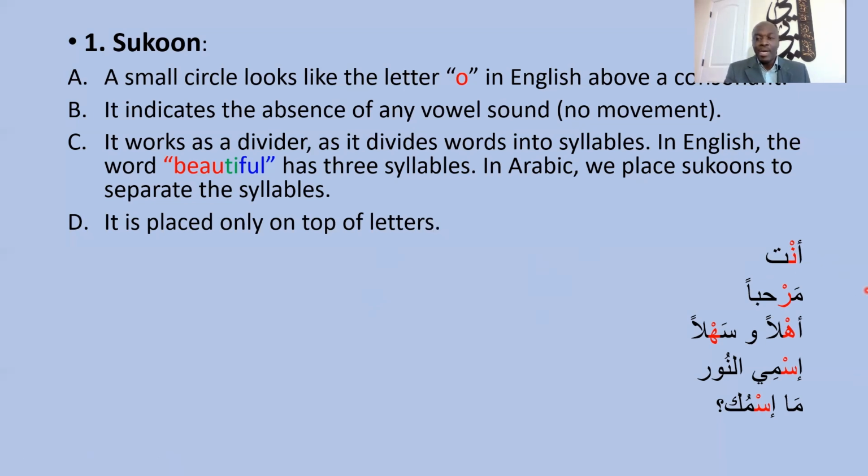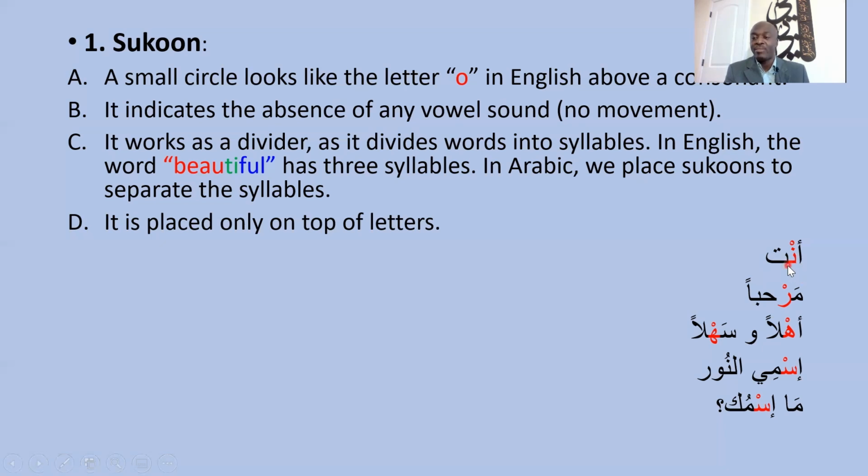Let's take some examples to illustrate what I have just said. My analogy, I hope that makes sense, but if it does not, we will go with more examples here. So anta, I put a sukoon here on top of the letter noon. Anta, as I said, is you, singular masculine. That's the personal pronouns.